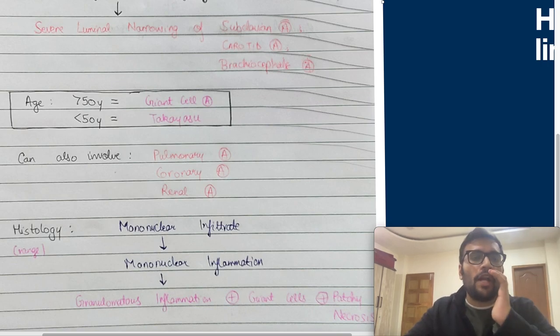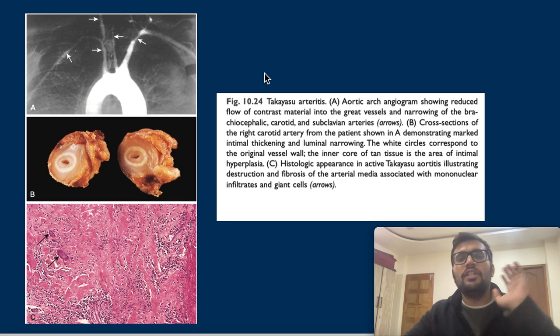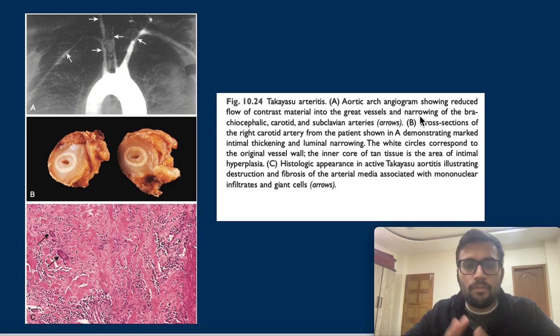Now these are the images given in your Robbins. These are very gold standard images, one can say. First, this is an aortic arch angiogram, and you can see that there is narrowing of the great vessels due to deposition: subclavian, carotid, brachiocephalic arteries are narrowed. You can see that on the angiogram.